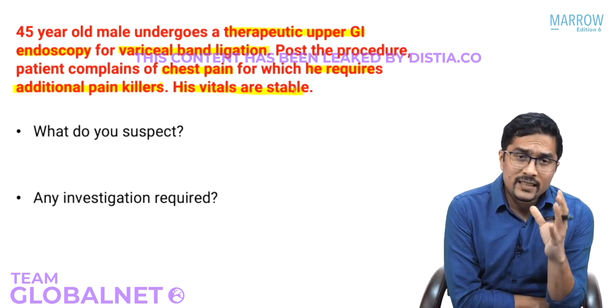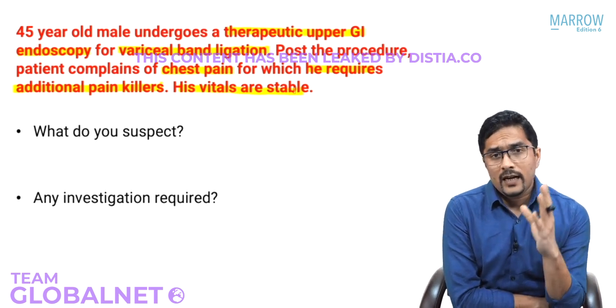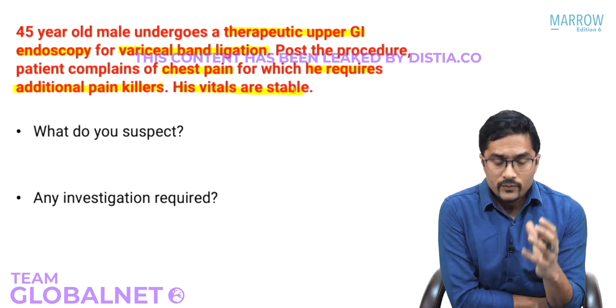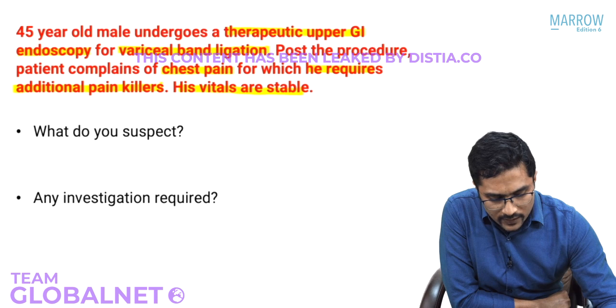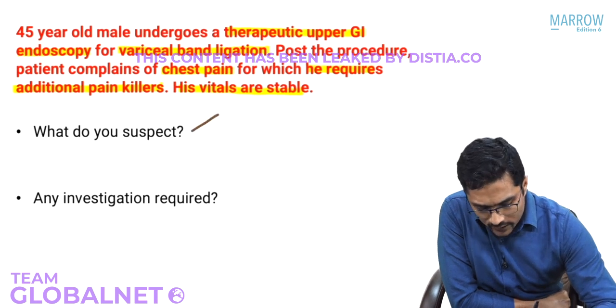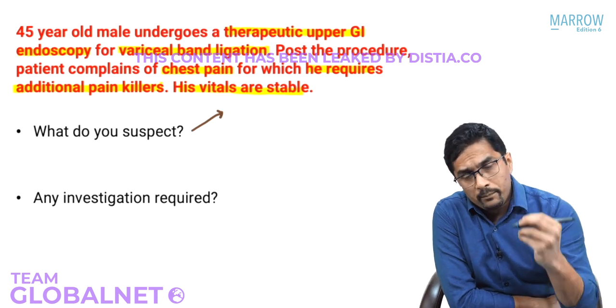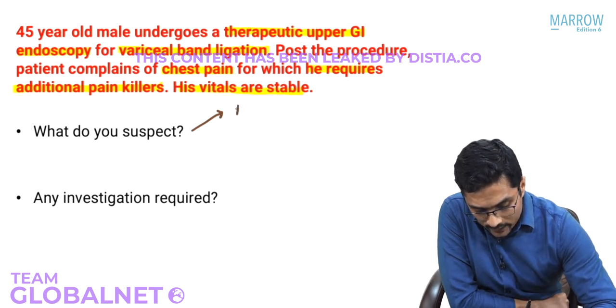Okay, so he's had a therapeutic endoscopy and post that he is complaining of chest pain. What do you suspect? So what are the things which will come to my mind? The first thing which comes to my mind after a therapeutic endoscopy, patient complaining of chest pain, is a perforation, an iatrogenic perforation.